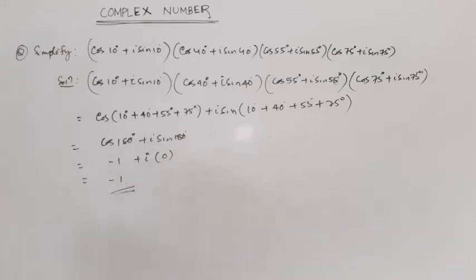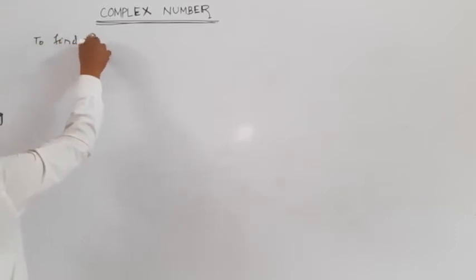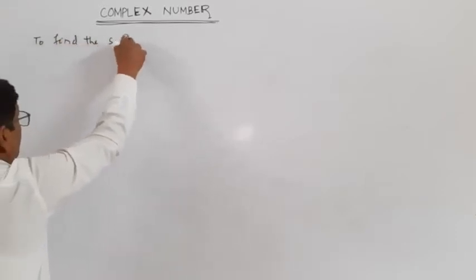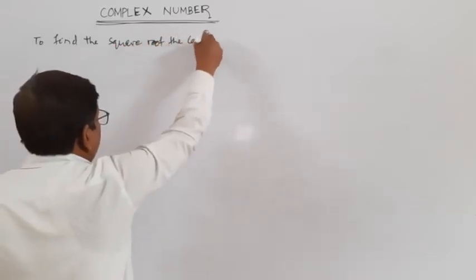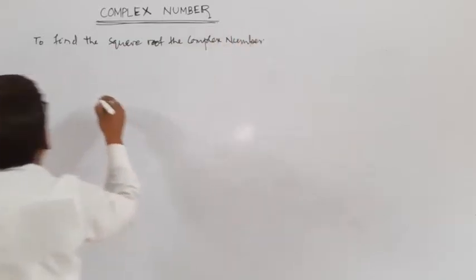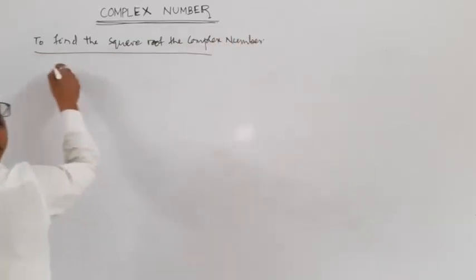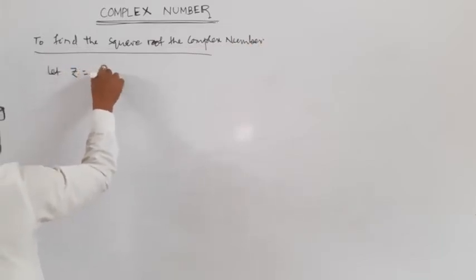Now, what is the square root of a complex number? Let's discuss the square root of a complex number. To find the square root of a complex number, let z be equal to a + ib.